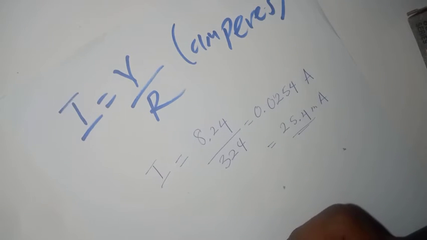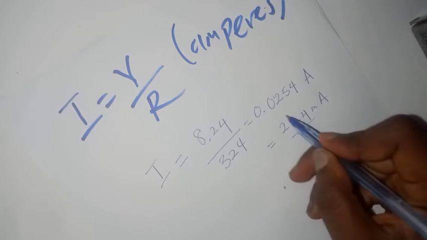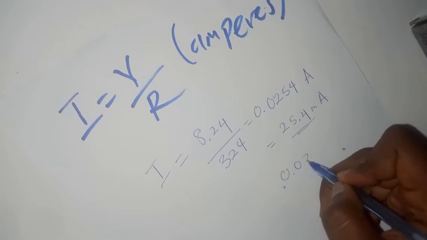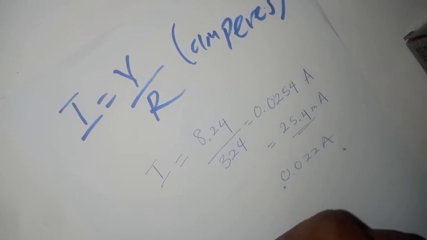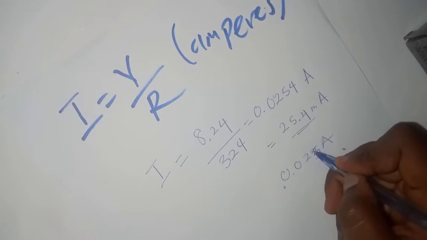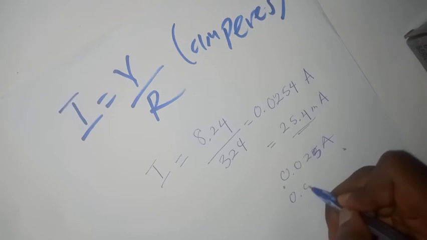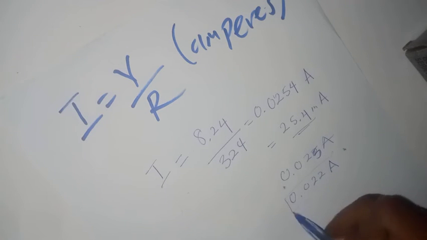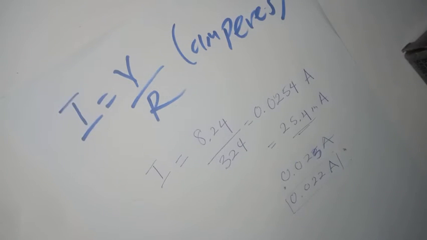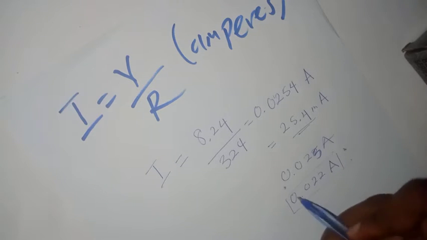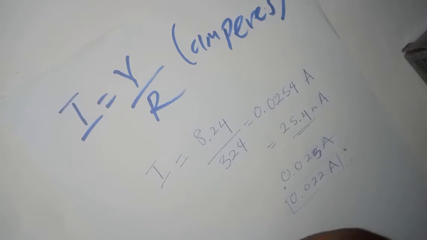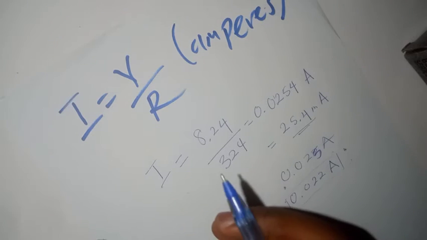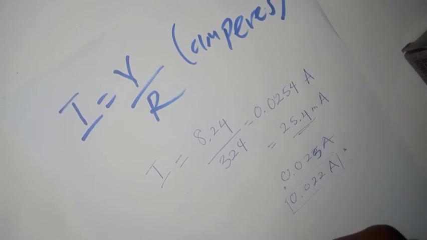With our calculations, we were able to predict an ideal value of 0.0254 amperes, but practically we were able to get 0.022 amperes. There's a little bit of deviation from the expected value because of, say, I squared R losses, heat losses in the circuit. But we can see that we can estimate what the value of the current should be like.